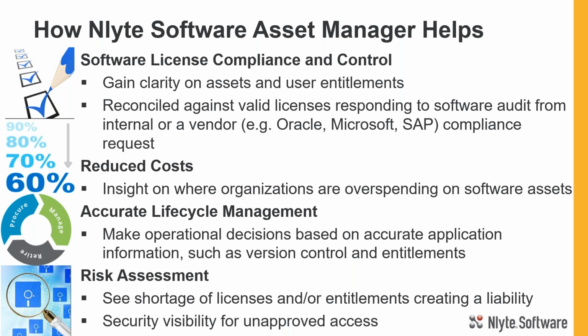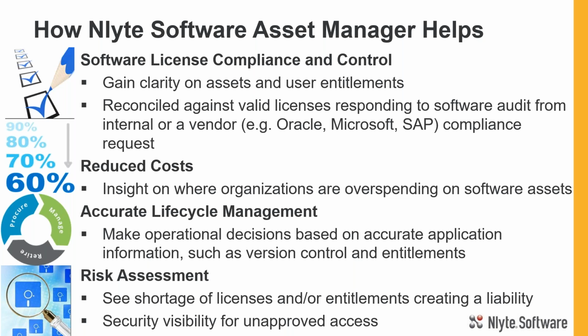Again, making the business decisions is always going to be in the garbage in, garbage out scenario. And one of the things we want to provide you is with the highest accuracy of information that you can have. Now, software asset management goes beyond things that are just licensed. And that's one of the parts that's important, especially for the security side. And we're going to deal with that a little bit more.